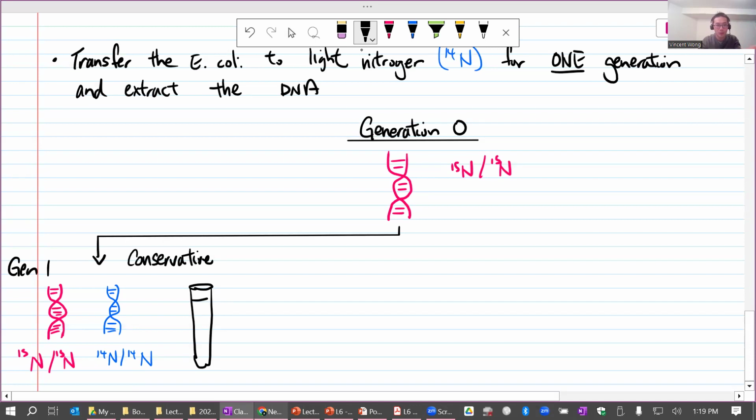And I hope you're using color. You will see the heavy one at the bottom, N15, N15, and you will also see a lighter one at the top, N14, N14. Okay. That's the conservative model.